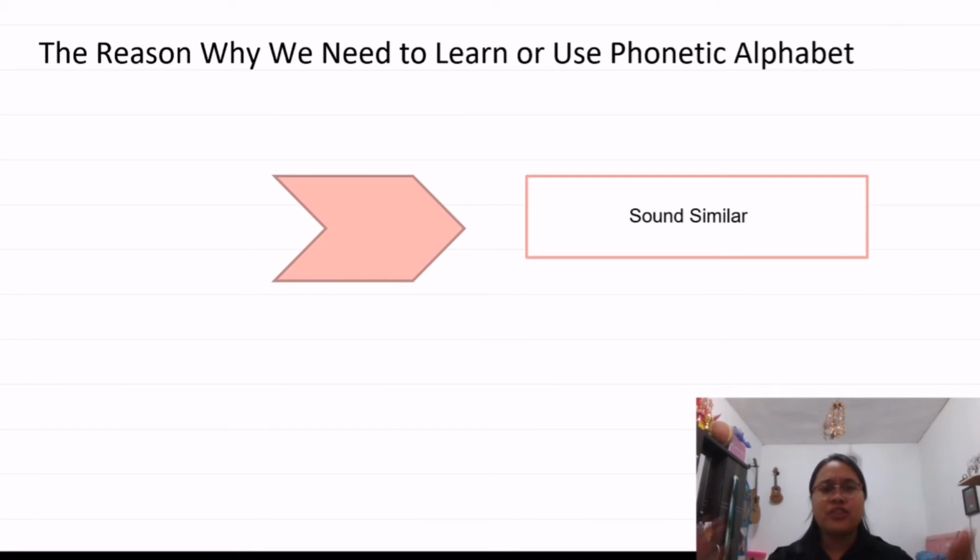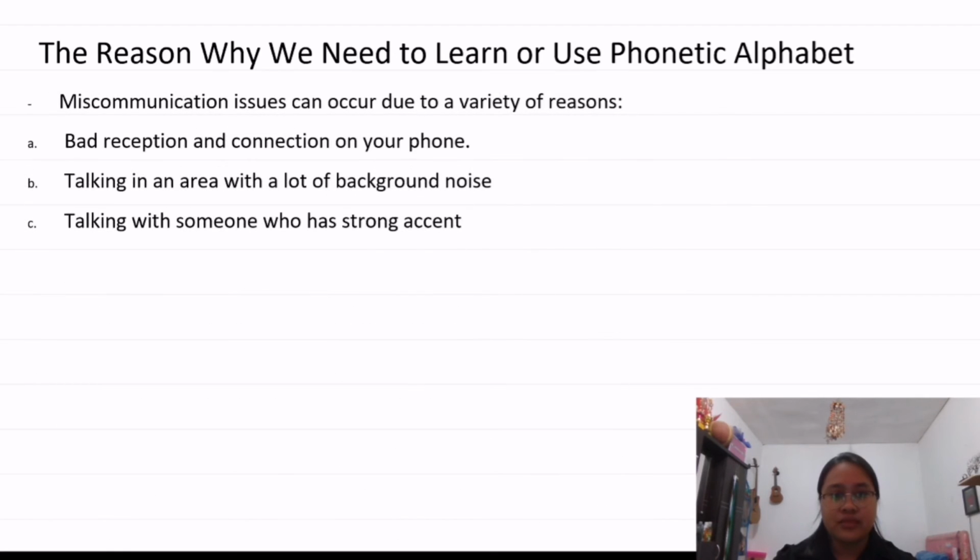Have you ever noticed that sometimes English letters sound virtually the same when transmitted in low quality, like M, N, B, P, S, X? In aviation, misunderstanding can be fatal. That's why phonetic alphabets were designed to minimize the number of errors when spelling a series of letters during a radio transmission.